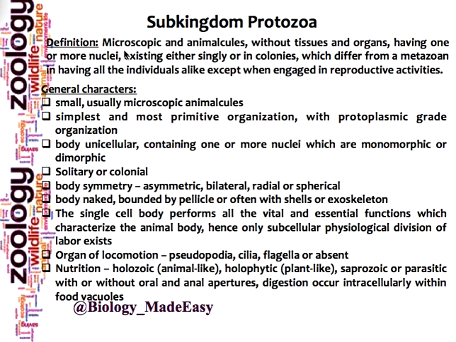Now the definition of Protozoa is that they are microscopic animalcules. Microscopic means they can be seen under a microscope, and animalcule means they are animal-like structures without tissues and organs, having one or more nuclei. If they have more nuclei, they may be monomorphic or dimorphic.